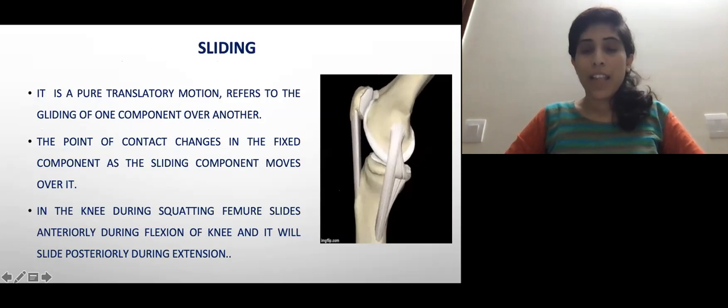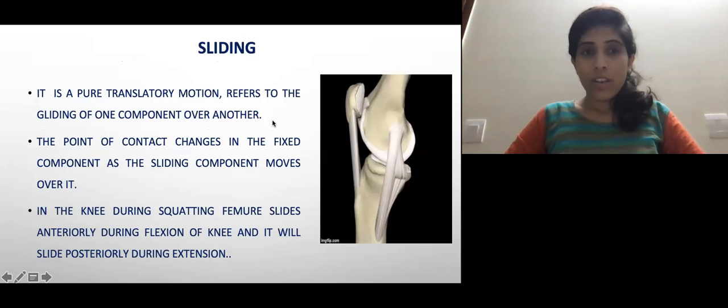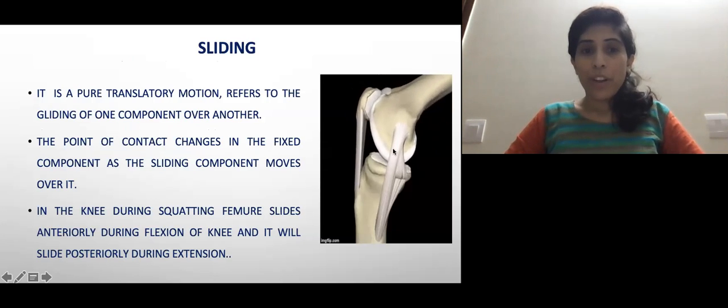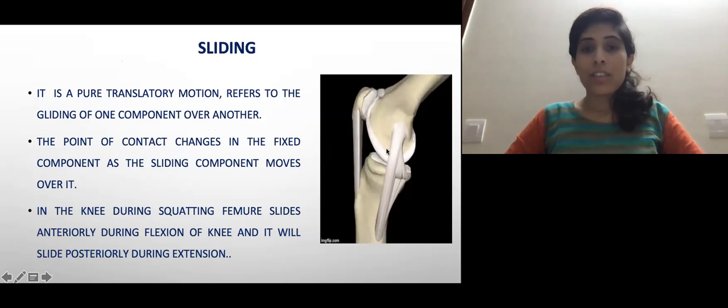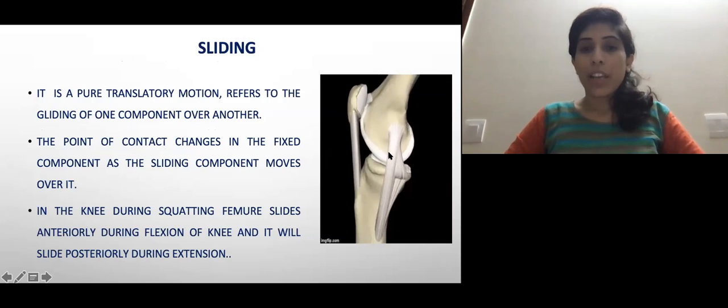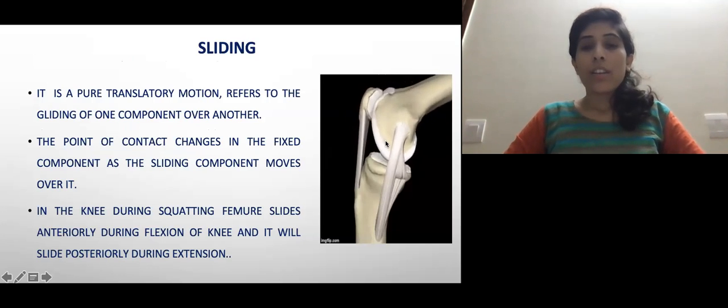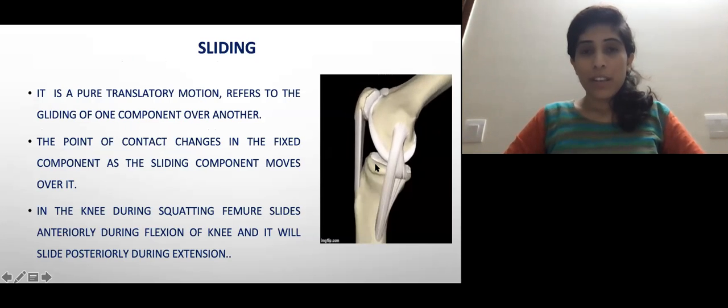Next is the sliding. It's a pure translatory type of motion, and the point of contact changes in the fixed component as the sliding component moves over it. Again with the same example, the femoral condyles slide over the fixed tibial surface.